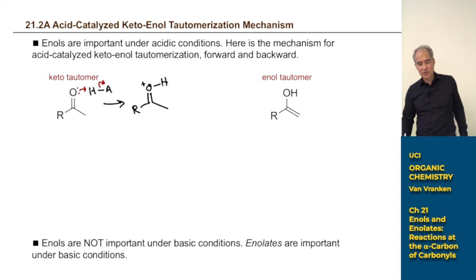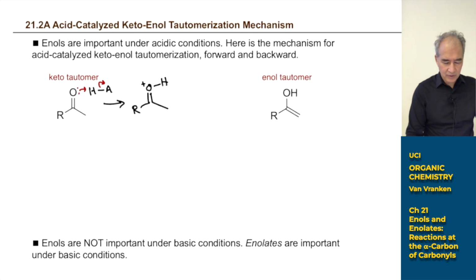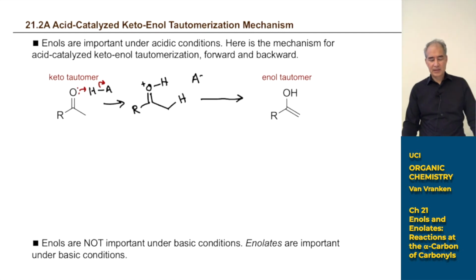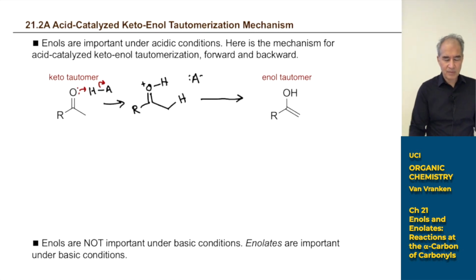And now I'm going to draw one of the 3 H's on that methyl group because I need that. You can see over here in the product there's only 2 H's. So I'm going to have to remove one of them, right? There's 2 H's on this methylene group in the product, so I better get ready to remove one. So now I'm going to draw it because this is the last step of our 2-step mechanism. When we deprotonated our acid, we left over this conjugate base form of our acid, A-.